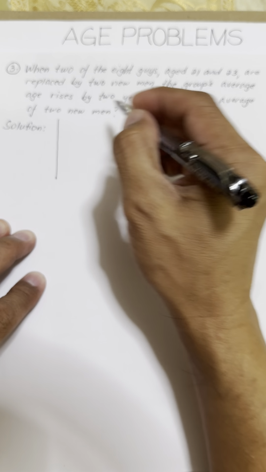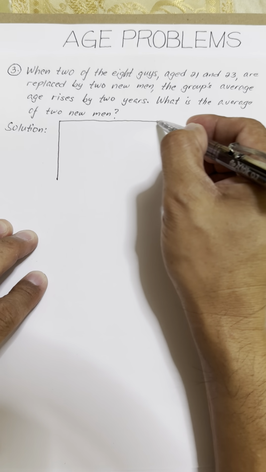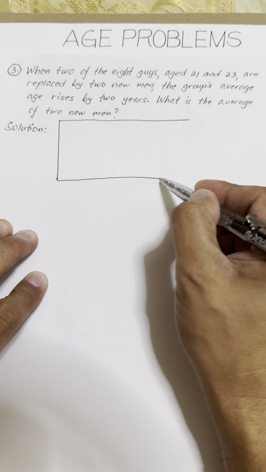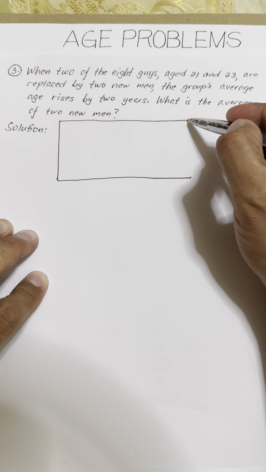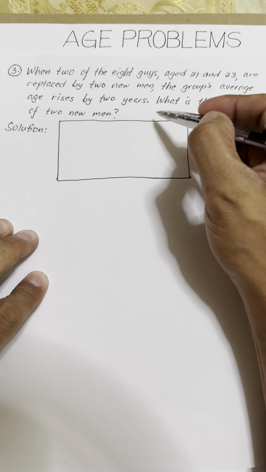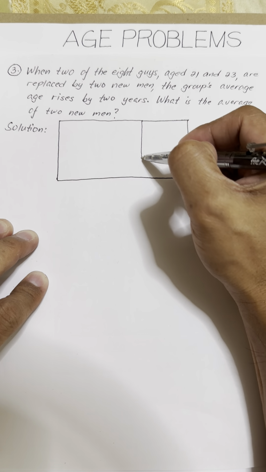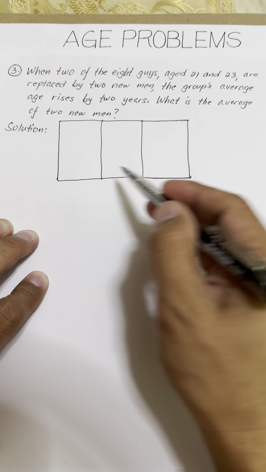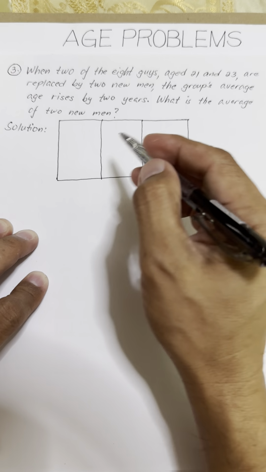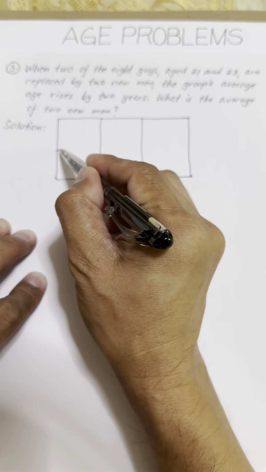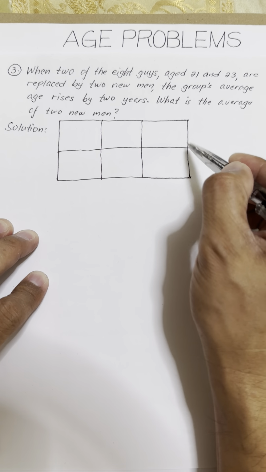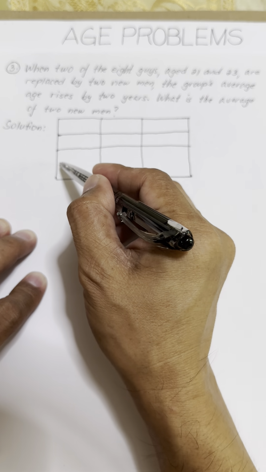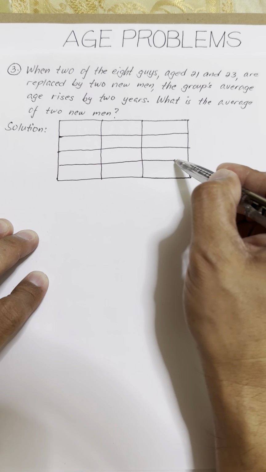So this is our table. These are the columns, 3 columns, and these are the rows. There are 4 rows in this table.